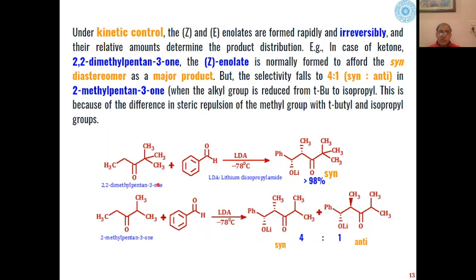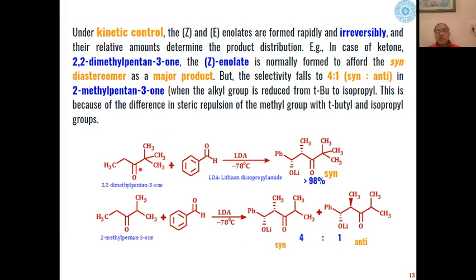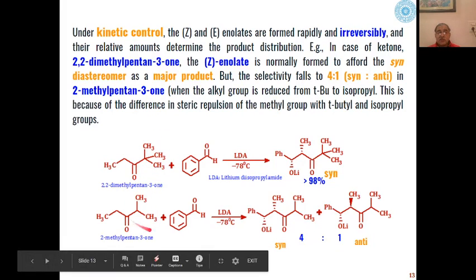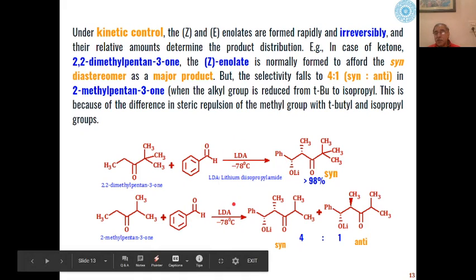For example, if we take 2,2-dimethylpentan-3-one or 2-methylpentan-3-one, these are two different ketones, but the only point of difference is that here we have 3 methyl groups attached to this carbon, whereas here we have only 2 methyl groups. So this is a tertiary butyl group and this is an isopropyl group. The rest of the conditions and other substrates are the same, and the base which we are using, LDA, is also the same.